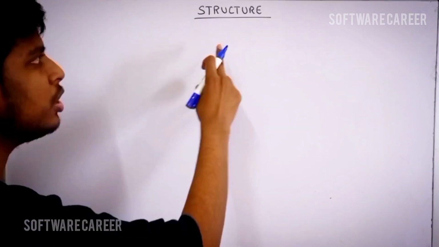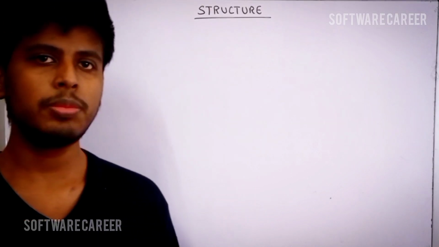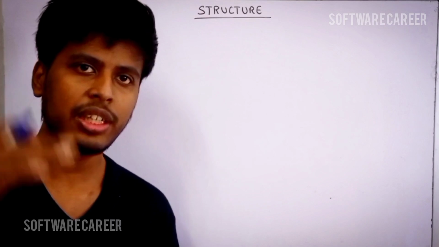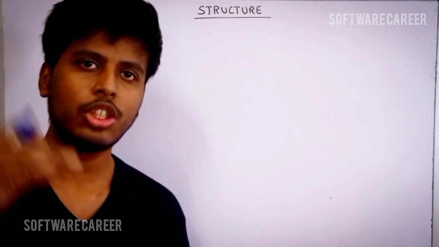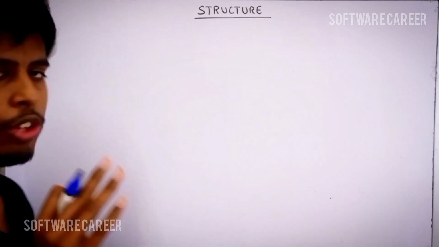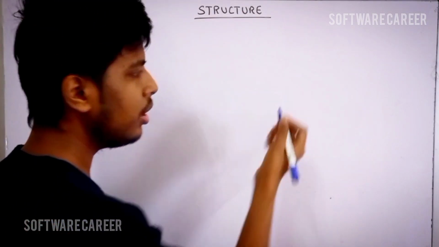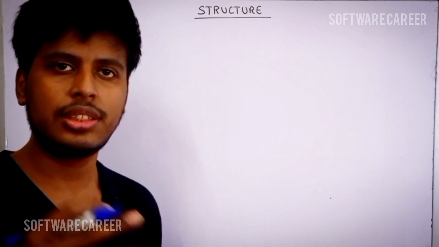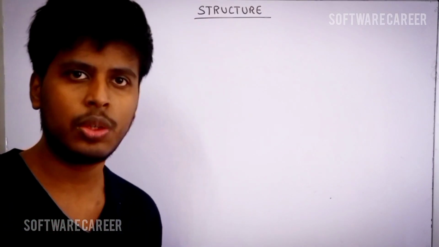Now I'm going to teach what a structure is. A structure is a group of data members. Suppose there are many data members, and for them a common name is there. That is called a structure. For example, in cars there are many companies, Toyota, Nissan, Hyundai, Honda, like that.